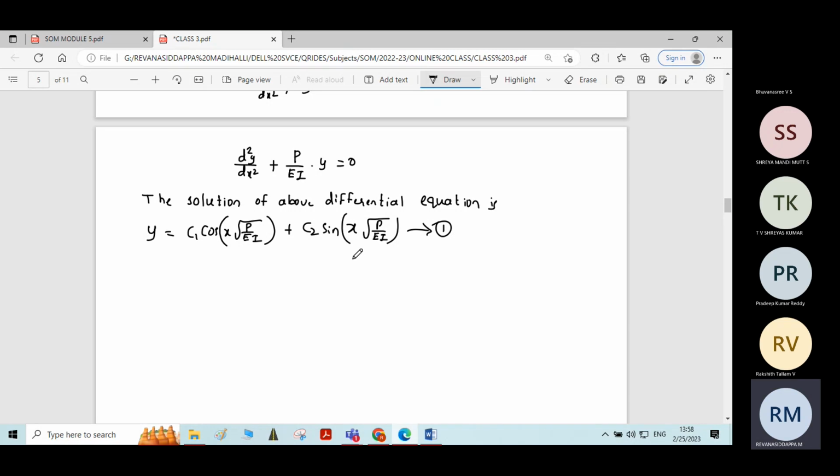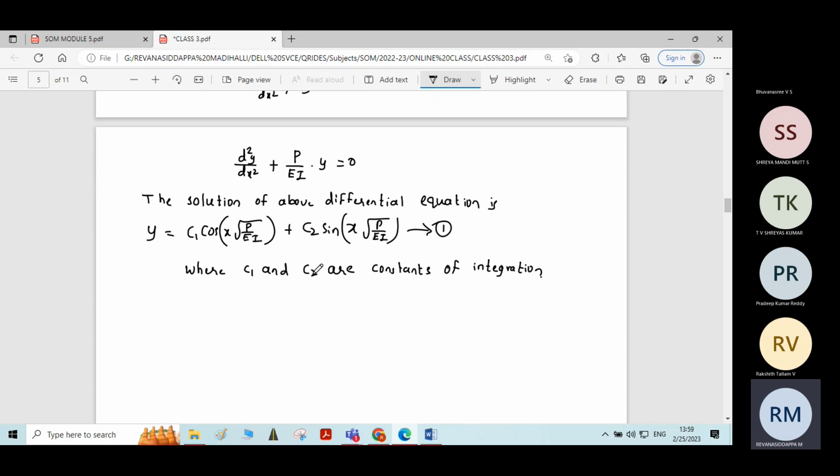Okay, the solution of the above equation is y is equal to C1 cos x root P by EI plus C2 sin x root P by EI, where C1 and C2 are constants of integration. C1 and C2 are constants of integration that we need to find by applying what?